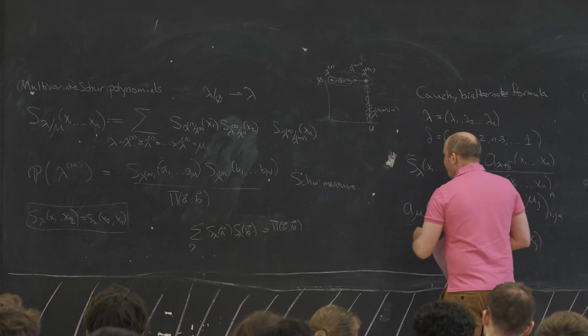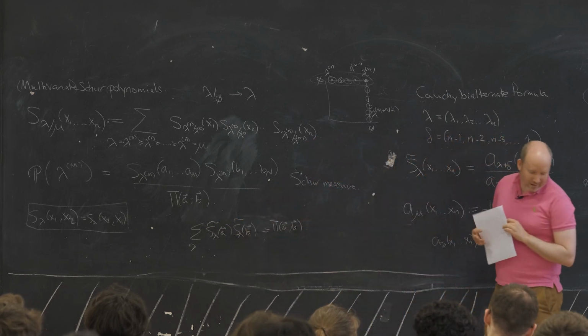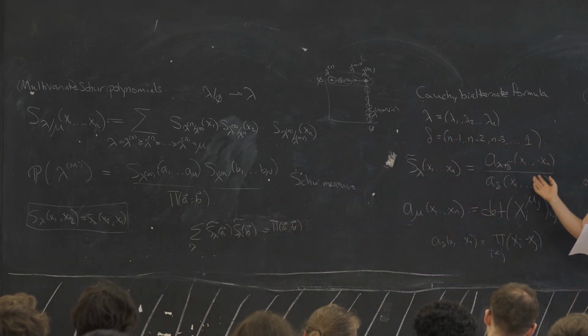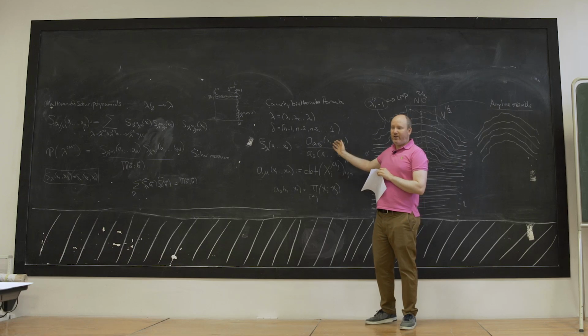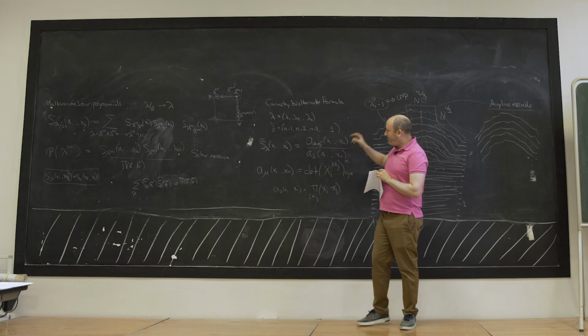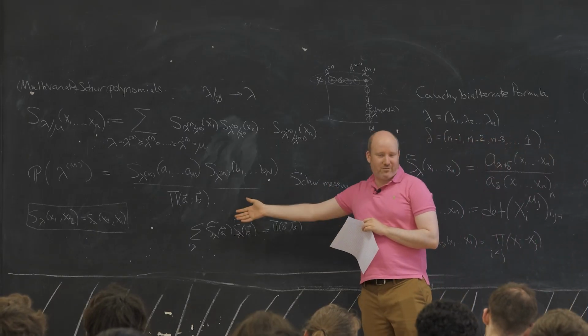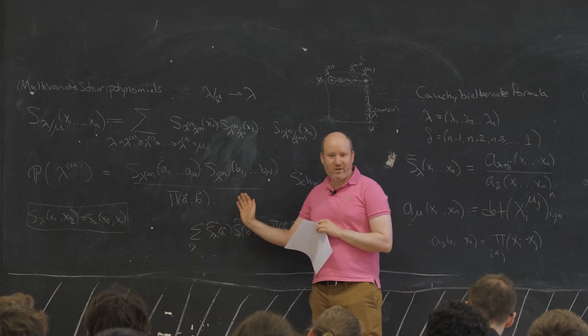And you can prove the same thing is true for the tildes. Proving that is really a matter of using the Cauchy determinant formula, and I think you use the Cauchy-Binet theorem too. But that doesn't mean that the S lambdas and the S tildes are the same yet.